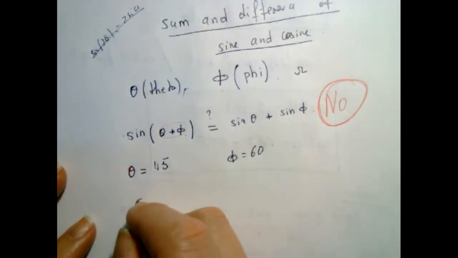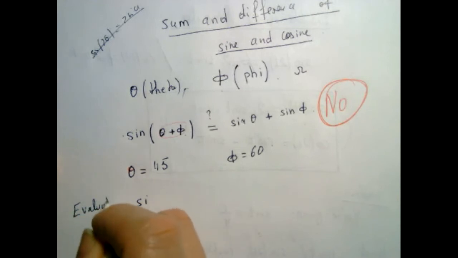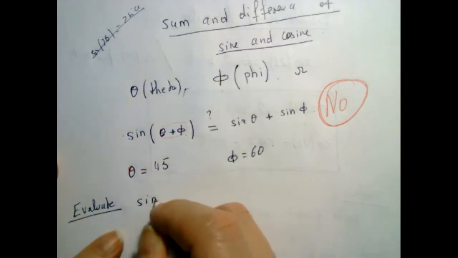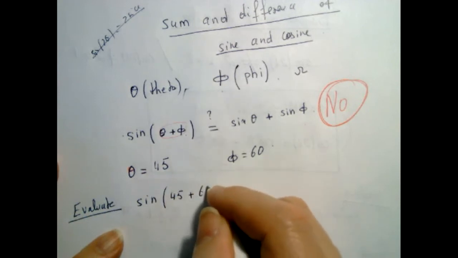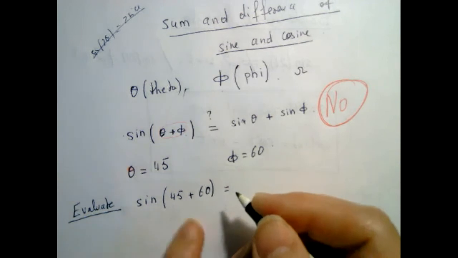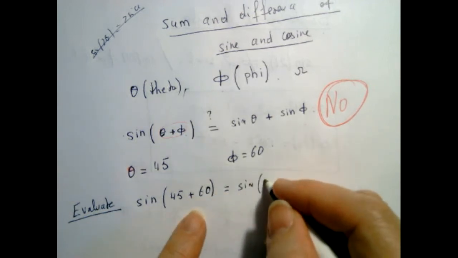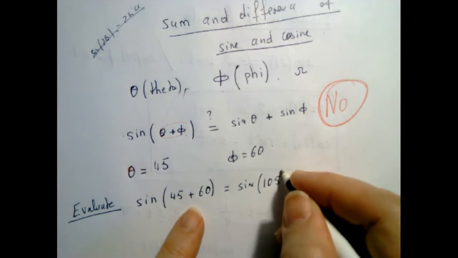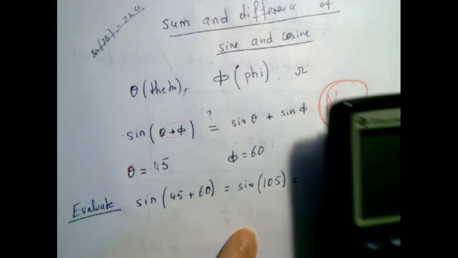So let me evaluate each one of them. First we're going to evaluate sine of 45 plus 60. All right, 45 plus 60 is going to give me 105. Now, I don't know what sine of 105 is. I'm going to pick up my calculator and evaluate it.